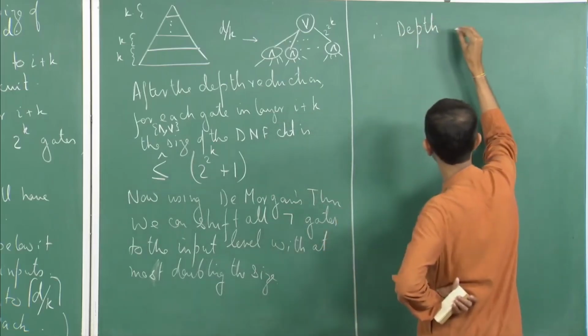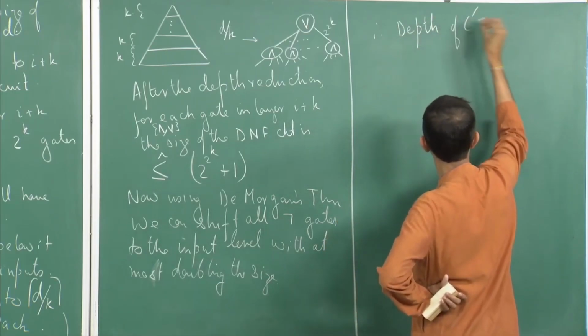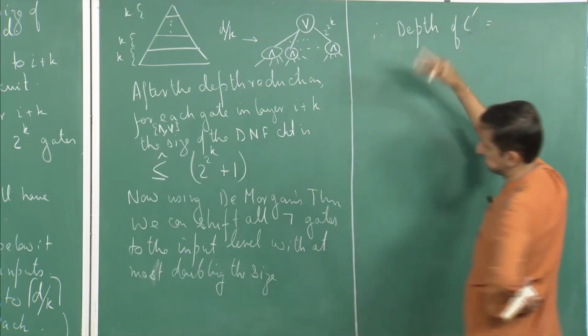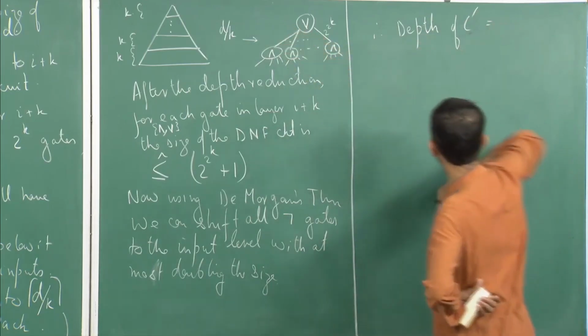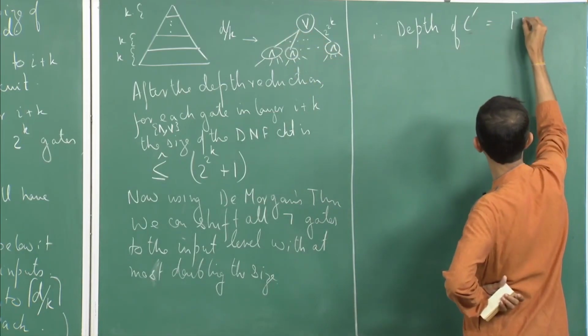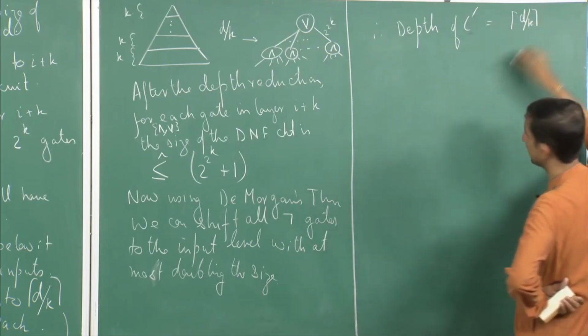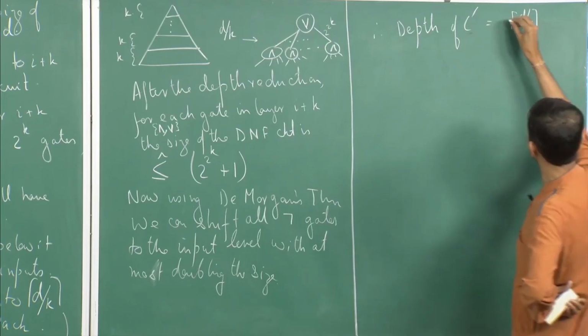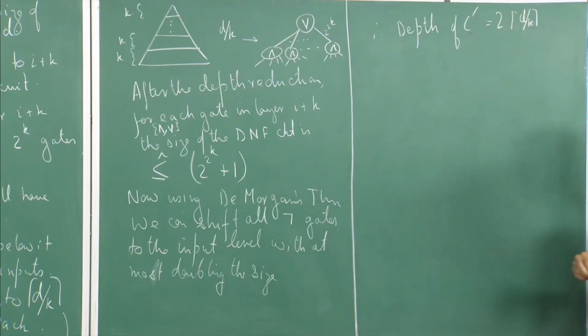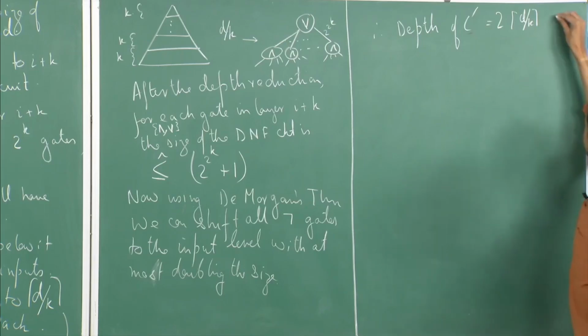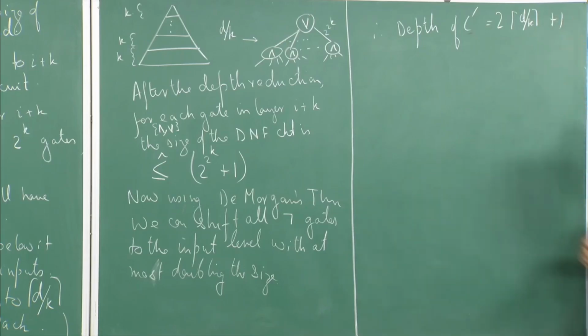So, therefore, what is the depth of C prime? There are D by K layers. For every D by K blocks I have 2 layers now, and then finally I have an additional layer at the bottom of NOT gates.